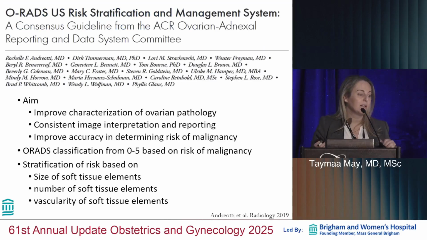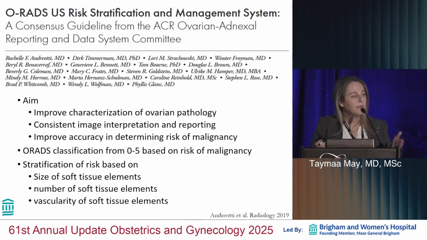The aim of the ultrasound O-RADS score is to improve characterization of ovarian pathology, consistent image interpretation and reporting, and improve accuracy in determining risk of malignancy. The O-RADS classification ranges from 0 to 5, 0 being not able to assess, so the actual scores are 1, 2, 3, 4, and 5. It's a stratification of risk based on the size of the soft tissue element of the tumor, the number of soft tissue elements, and the vascularity.